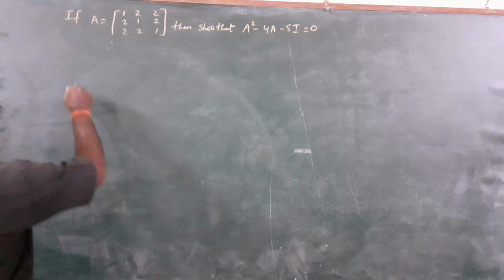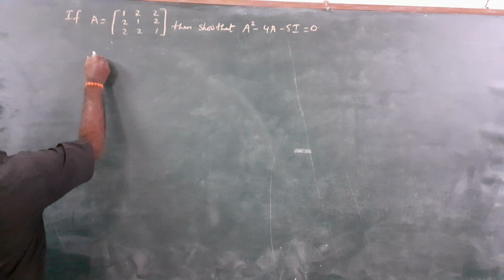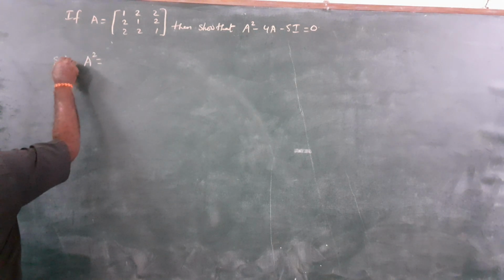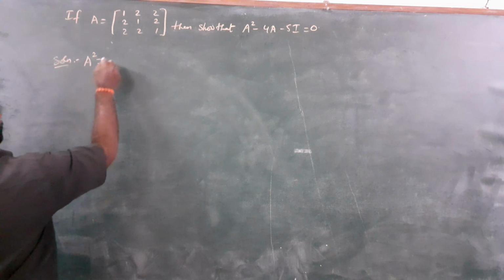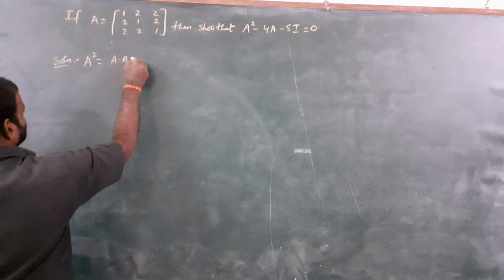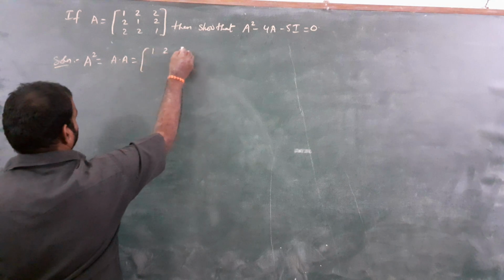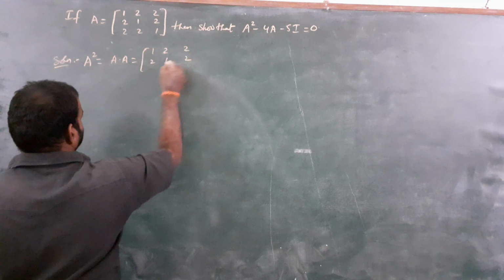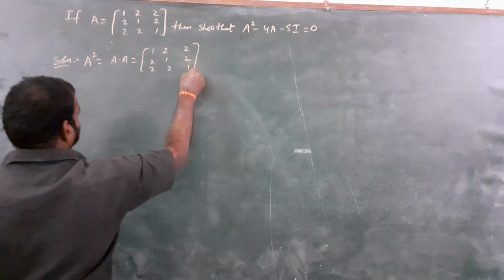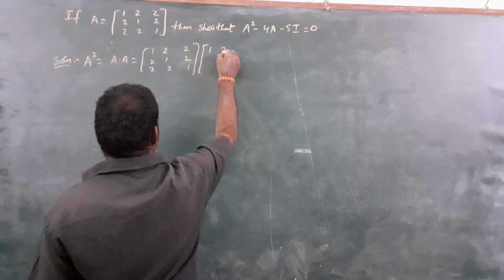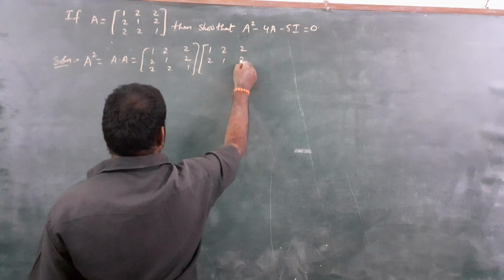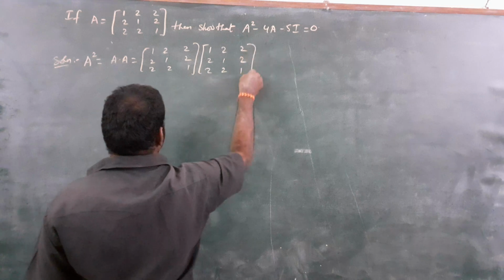So first of all we are going to find A square. Solution. A square is nothing but A into A. Which is nothing but 1 2 2, 2 1 2, 2 2 1 into 1 2 2, again the same matrix, 2 1 2, 2 2 1.